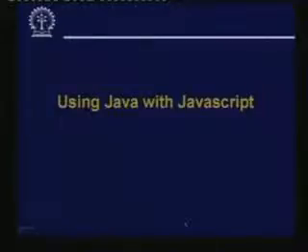Now, let us see Java and JavaScript, how they can work together. There are two things. We had talked about how JavaScript code can be embedded inside an HTML file which can be downloaded and executed on the browser.